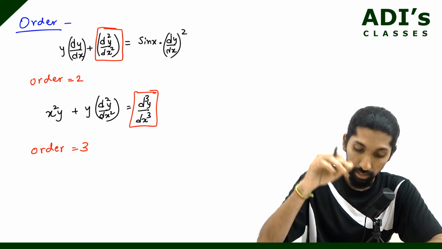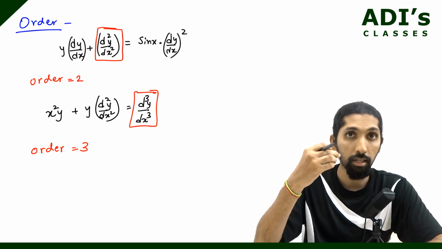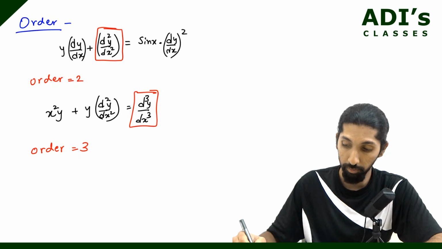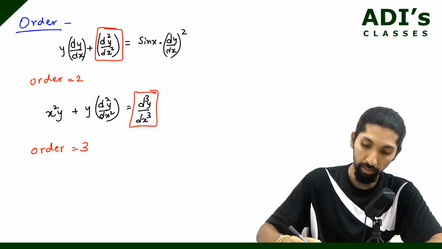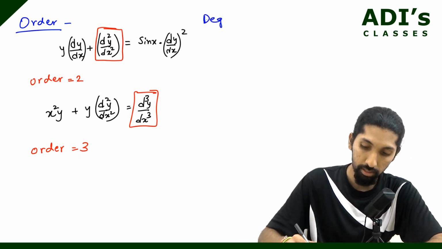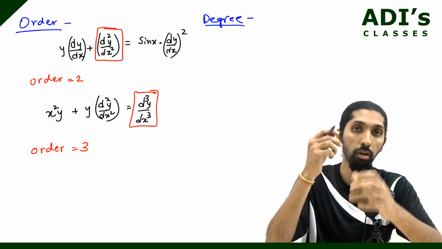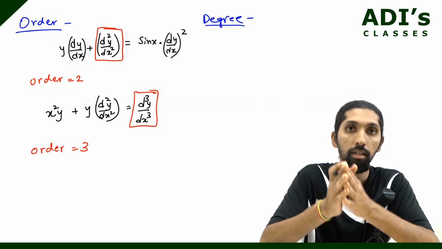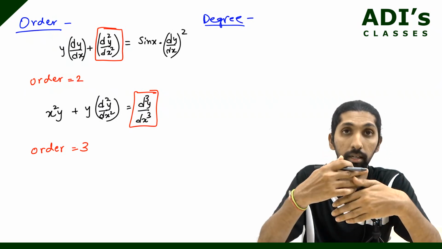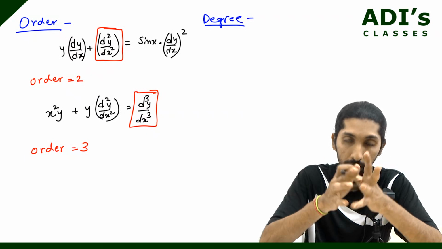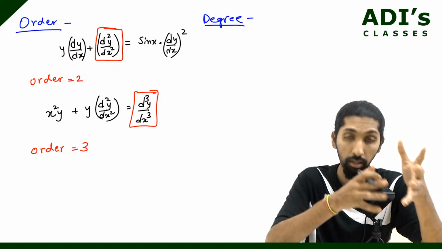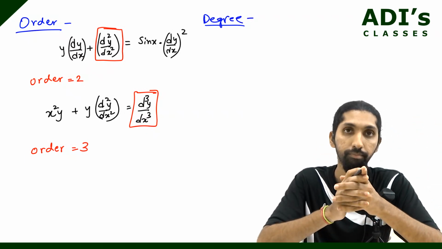Now like this, if you try to understand the degree of a differential equation, we'll write the degree part here itself so that you understand how they are related. Degree. Now all of you understood what an order is, correct? The maximum number of times a particular derivative is differentiated represents the order of a differential equation.